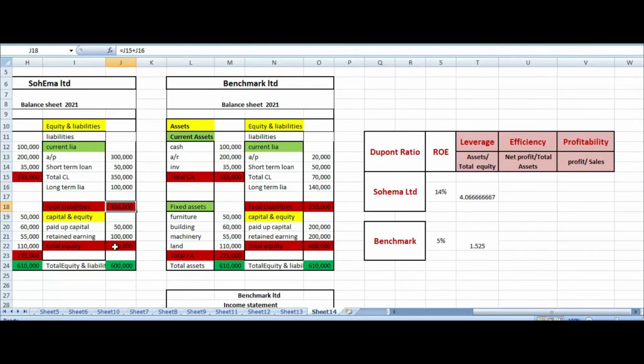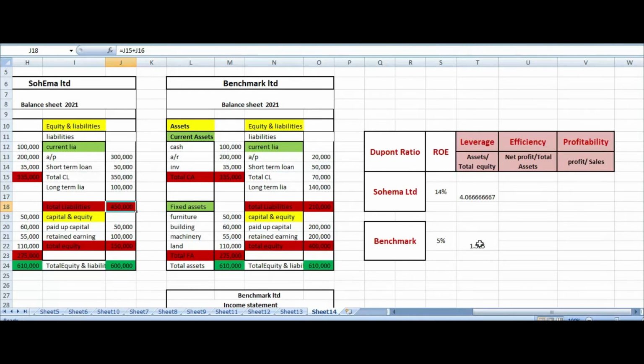That's why, at the end, the benchmark has less profit and hasn't performed better than Soima Limited, which has utilized its maximum leverage. That's why its ROE is better than the benchmark.